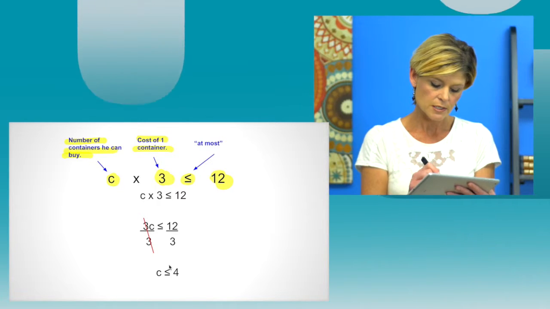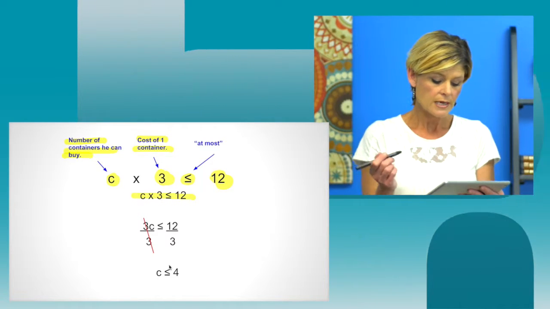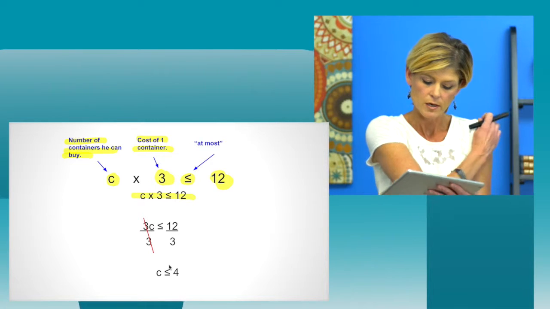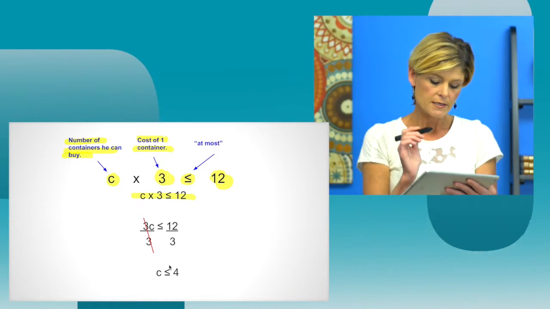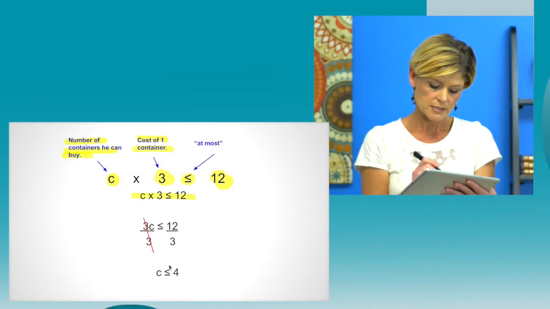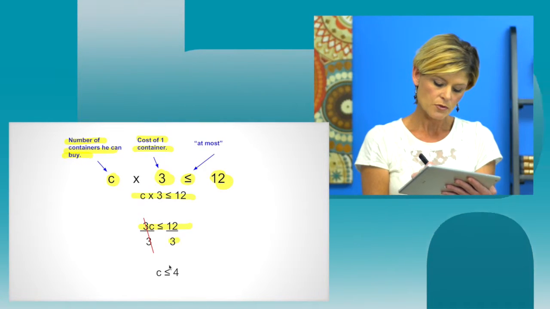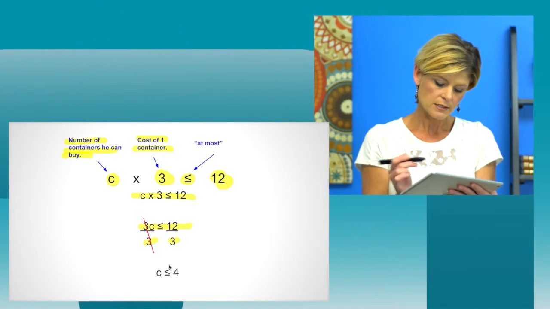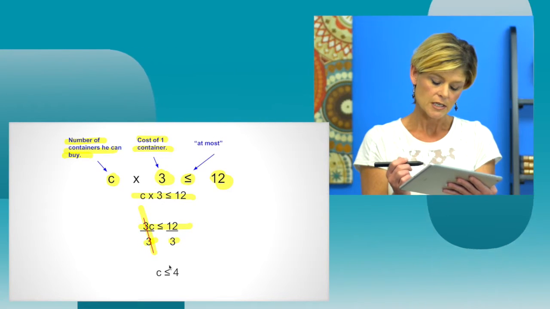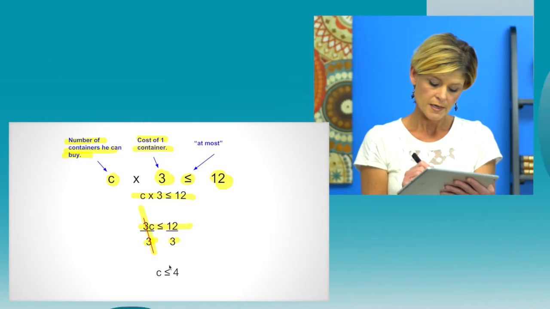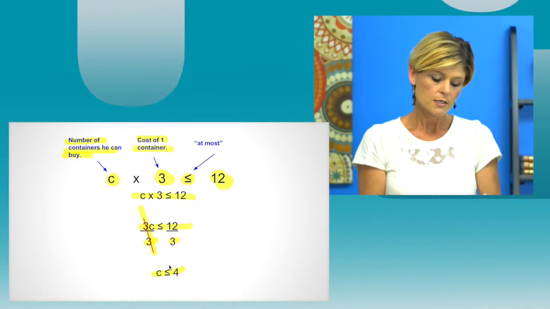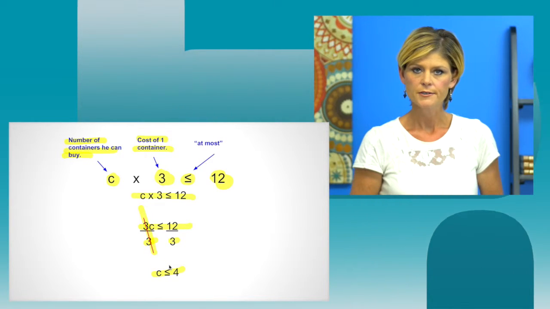So we have C times 3 is less than or equal to 12. Now we simply have to solve the inequality. C times 3 we can write as 3C is less than or equal to 12. We're going to divide both sides by 3, and our 3s cancel out. And we have C is less than or equal to 12 divided by 3, so C is less than or equal to 4. So he could buy 4 containers of milk.